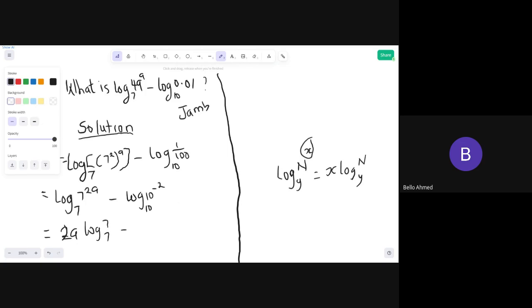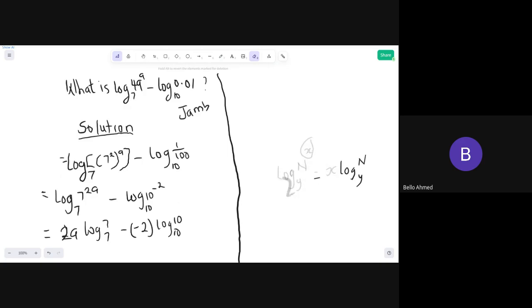Don't forget the negative 2 is also going to come to the front. But it will be awkward to write something like minus minus 2, so you put it in bracket like this, and then you have logarithm of 10 base 10. Having done that, the next thing is to apply another law of logarithm. That's why I said basically you need to know the laws of logarithm, and you don't cram them. You just make sure you solve questions to get used to them, and that is the point.